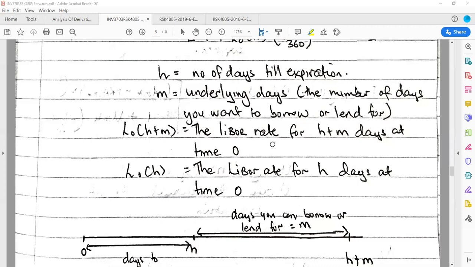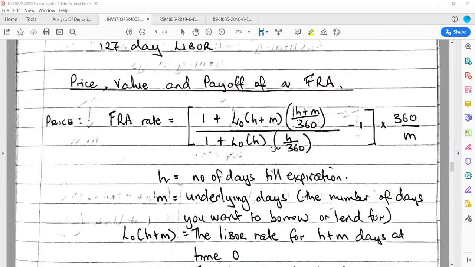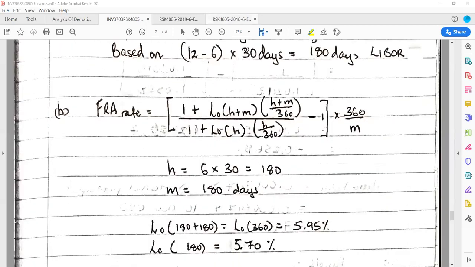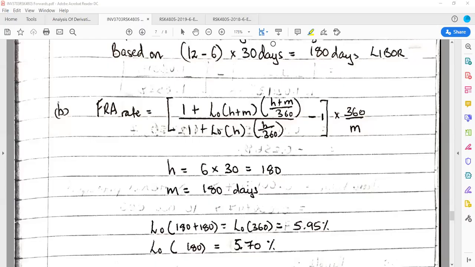Okay, so hopefully you were able to identify that H is 180 and M is 180. And hopefully you were able to substitute everything into the formula to get your answer. So H is 6 by 30, which is 180.